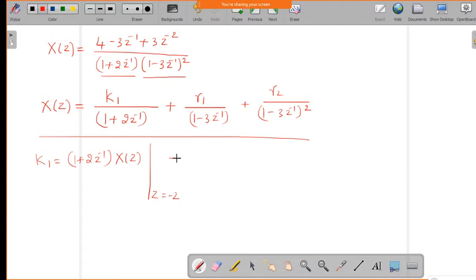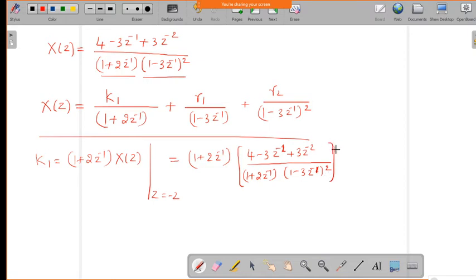So now let us evaluate this. 1 plus 2 z inverse into X of z, whatever it is, you write it: 4 minus 3 z power minus 1 plus 3 z power minus 2, divided by 1 plus 2 z inverse into 1 minus 3 z inverse whole square. Now this you have to evaluate at z equal to minus 2.